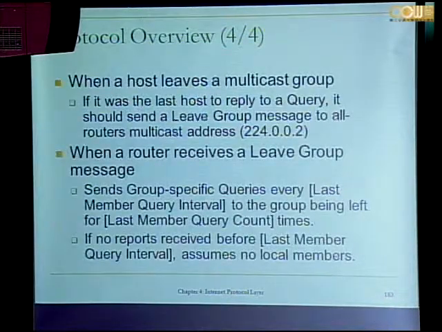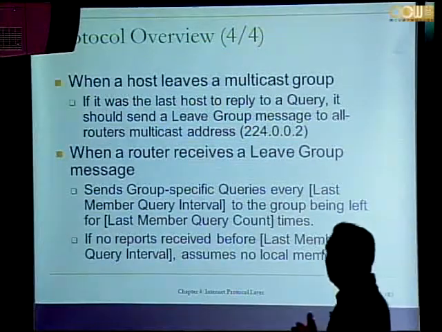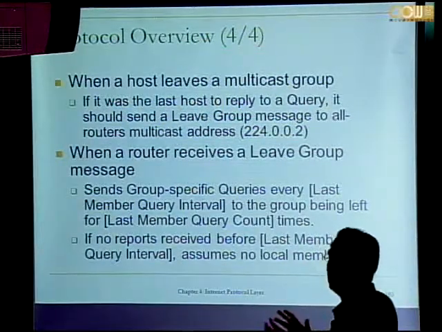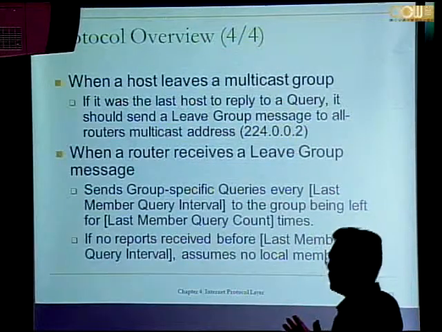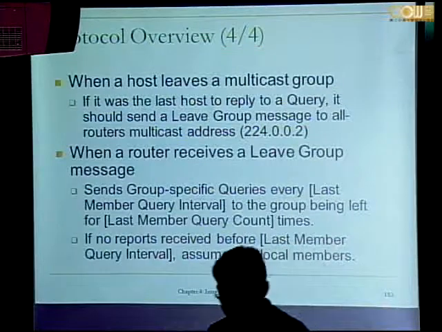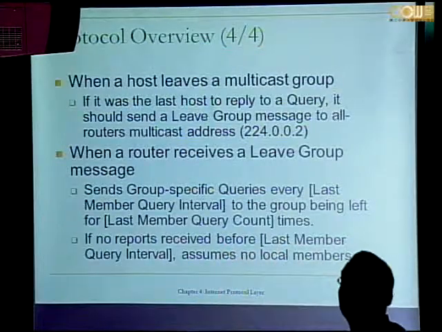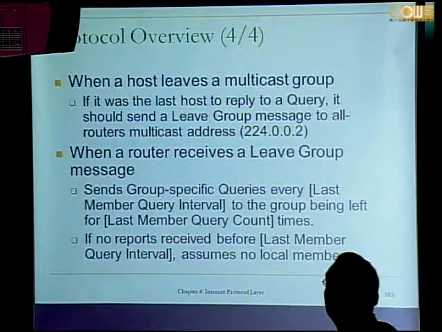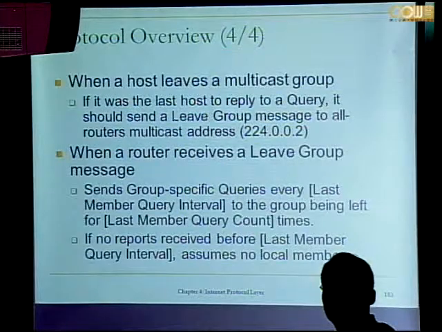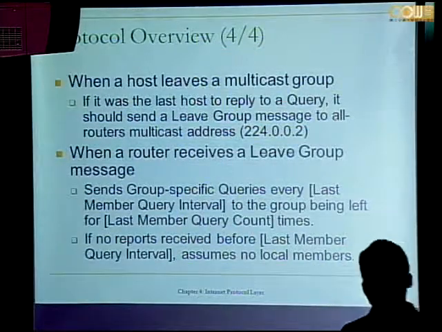How about a host leaving a group? If the host is the last host to reply to the query, and this particular host wants to leave a multicast group, then it should send a leave group message.